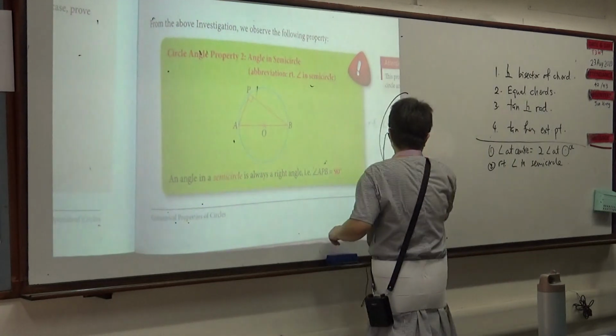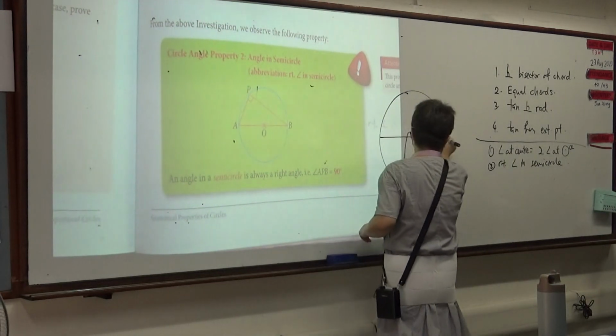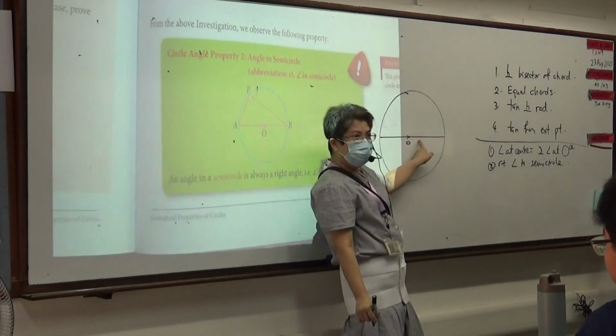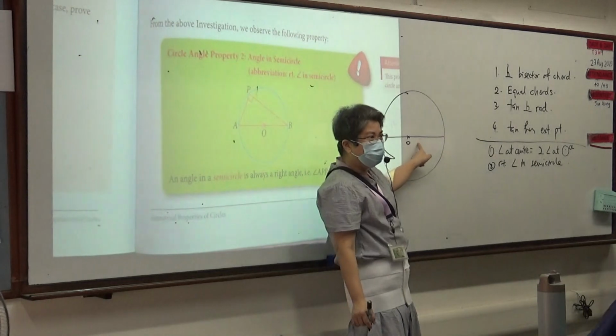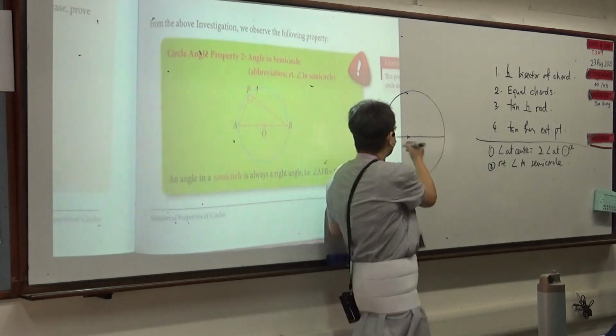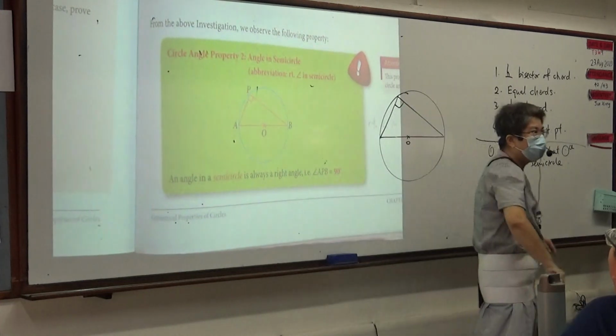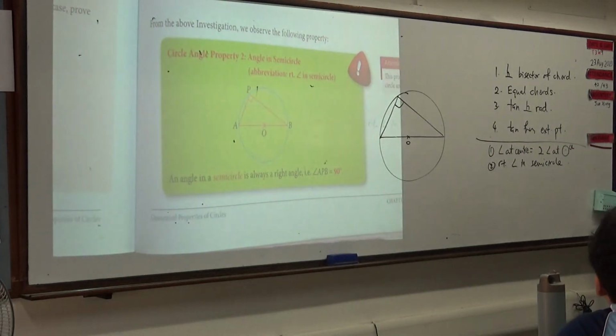Now, if I have a circle and this is the diameter, do you agree this angle is 180? I'm talking to you. Do you agree this angle is 180? So, if I have an angle at the circumference, it must be 90, right? Actually, it follows from 1 though. Angle at center is twice angle at circumference. Can you all see that? Yes or no? But we cannot use that property. We must say angle in semicircle.